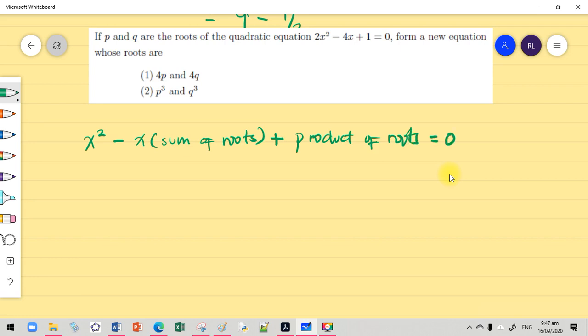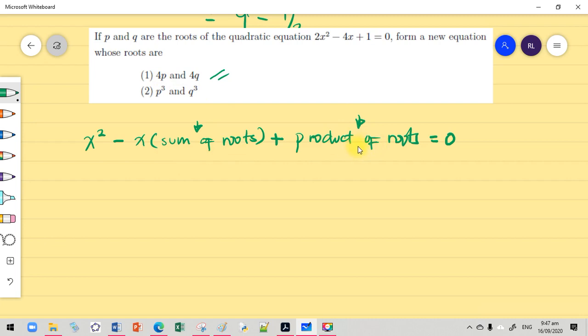So this one is actually our general guide to form our new equation, meaning we just have to find the sum of the roots and the product of the roots, get the values and substitute here. We need to get the sum first so that we can substitute it here, and after that we get the product and substitute it here.